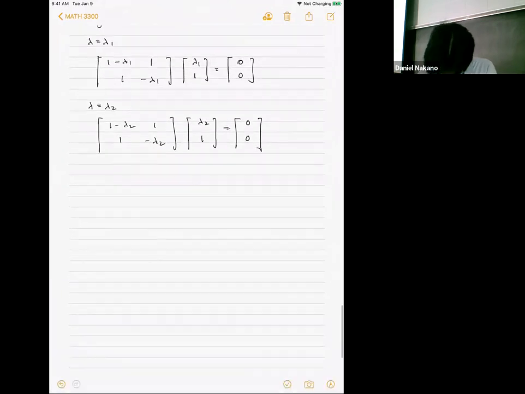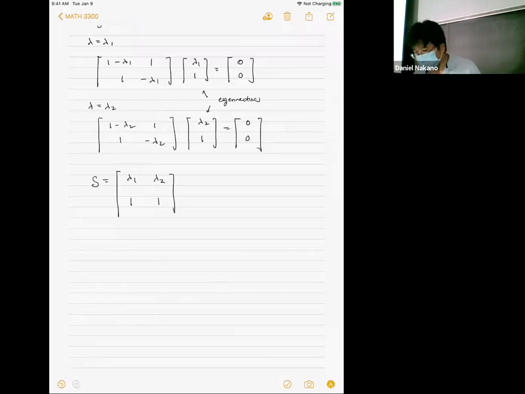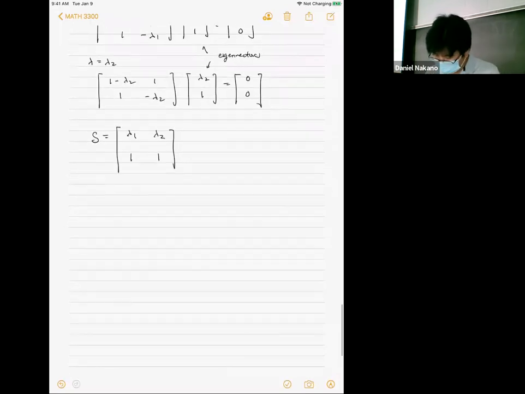All right, so we know what S is. S we obtained by just putting the eigenvectors down the columns. So these are the eigenvectors. Now, we need to compute S inverse. So what do we do to compute S inverse?